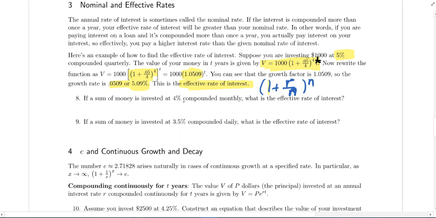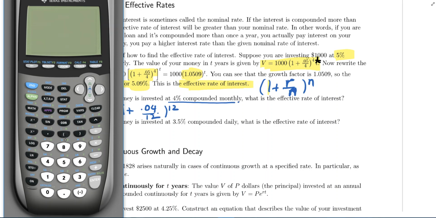So if a sum of money is invested at 4% compounded monthly, what is the effective rate of interest? Well, it's going to be 1 plus the rate is 0.04. Compounded monthly means divided by 12, and then to the 12. So if you put that in your calculator, you'll get the effective rate of interest.